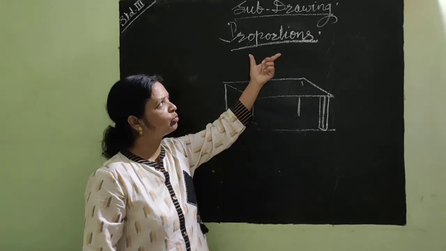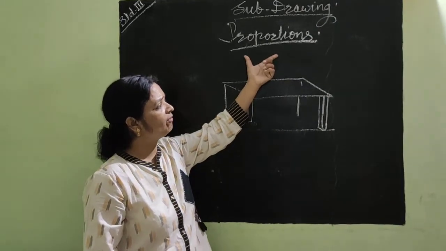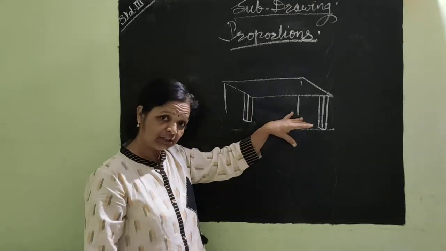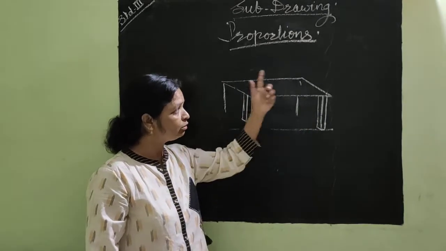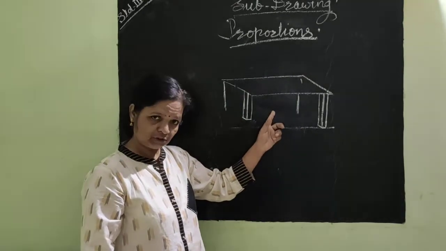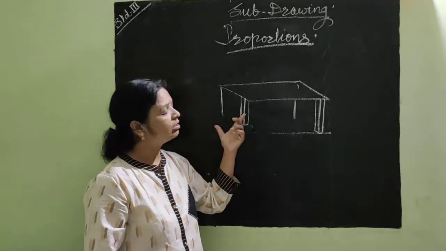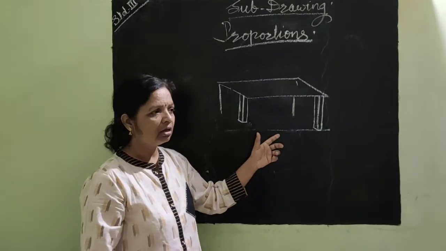So what is proportion? Proportion refers to the balance of the elements of that particular thing, all the elements, meaning other parts of that thing.